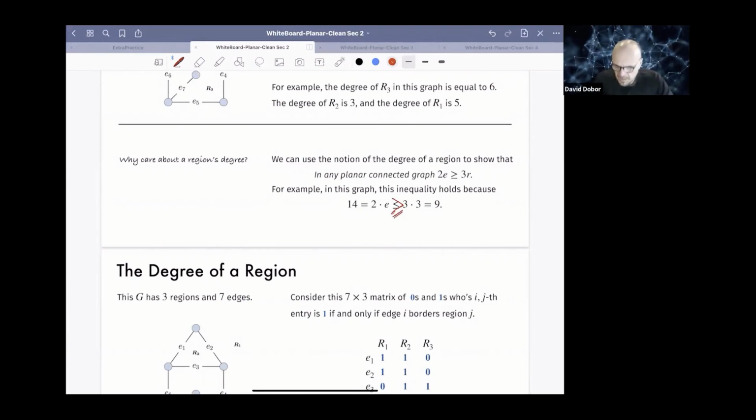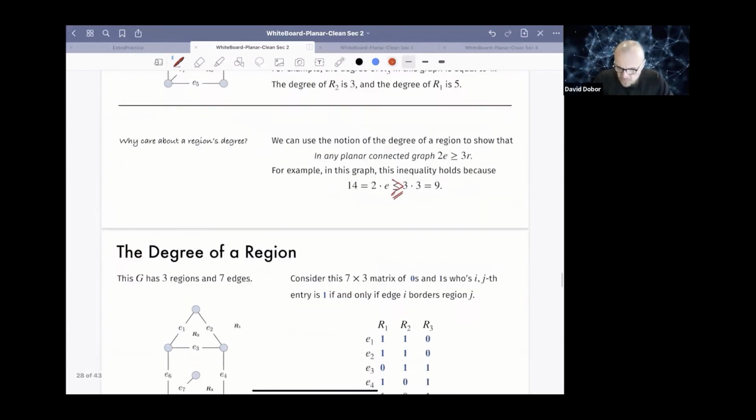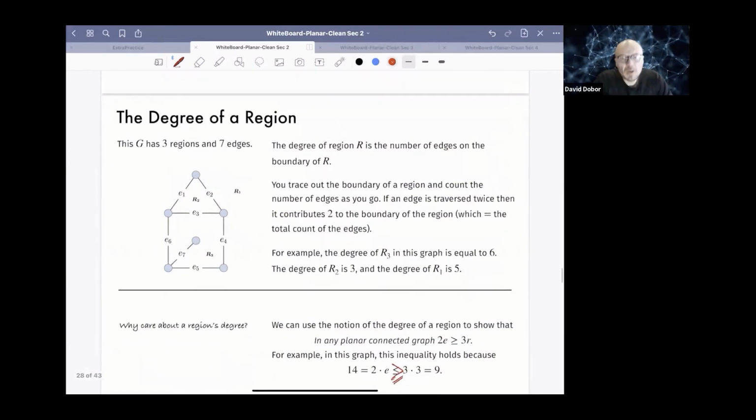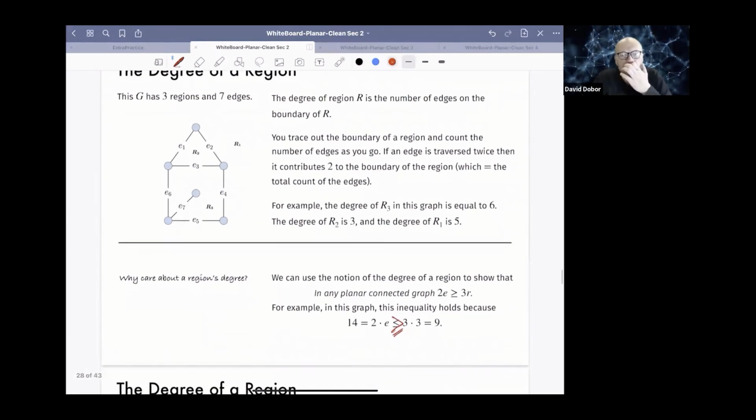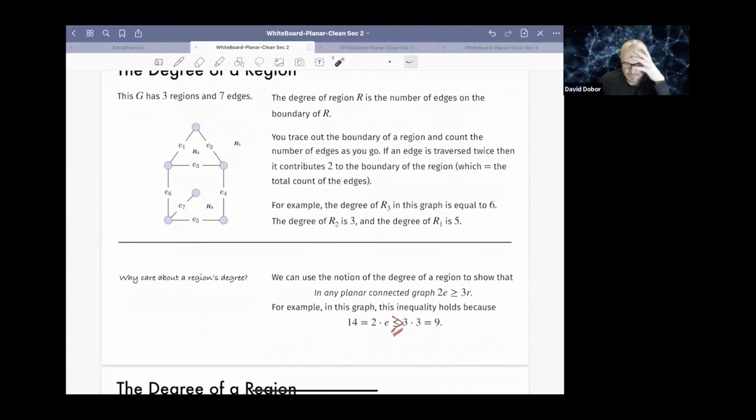First, let me talk about the degree of a region. This is one more notion that we need today, and that's it. There's nothing new here. When you draw a planar graph, like this example, each region is enclosed by at least 3 edges. Do people agree with this?